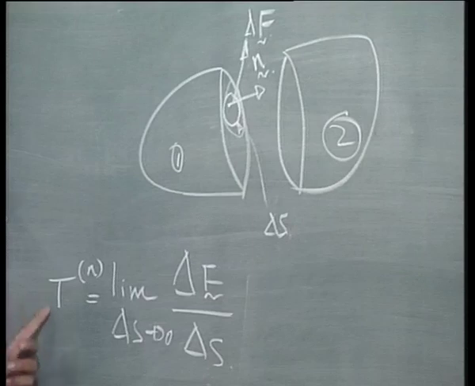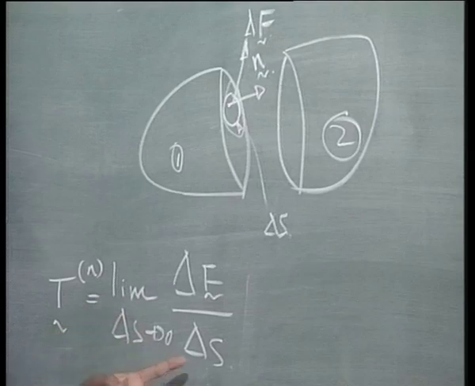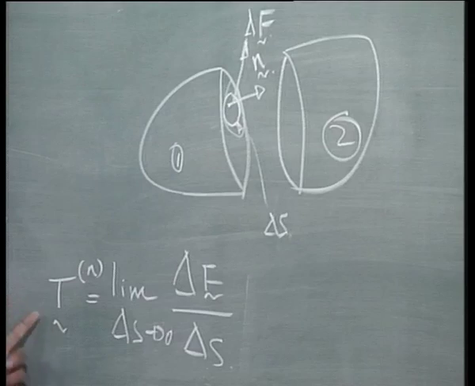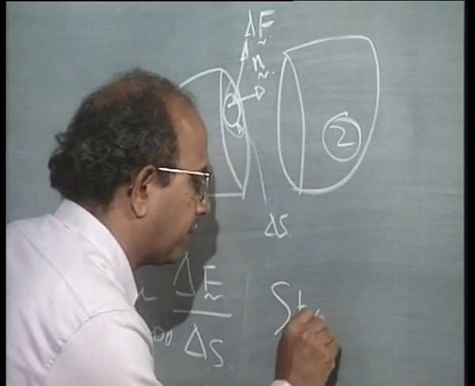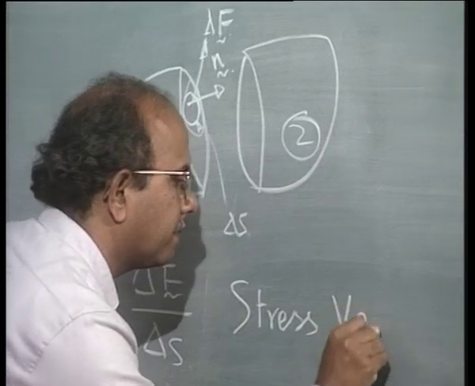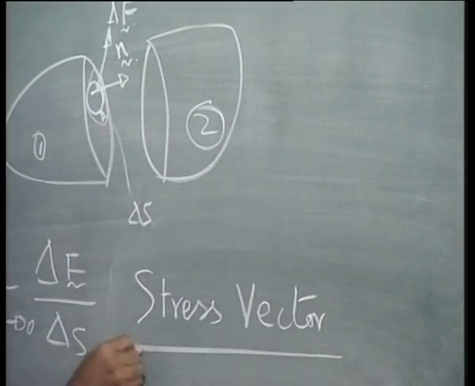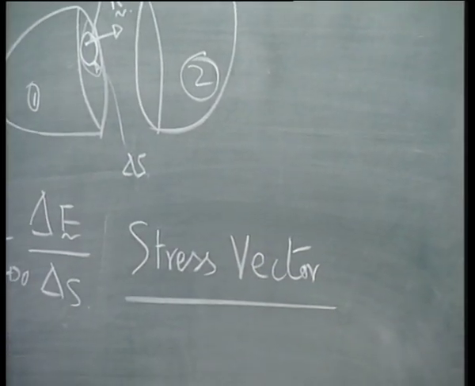So this quantity is a vector, because this is nothing but an area. So this is a vector. So we call this T, with such a definition, the stress vector.